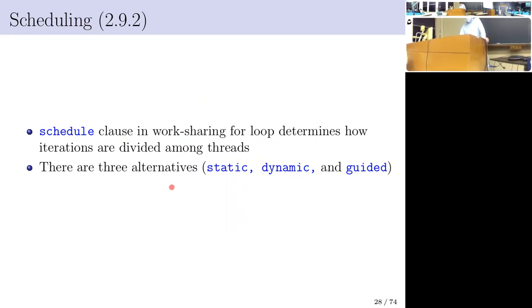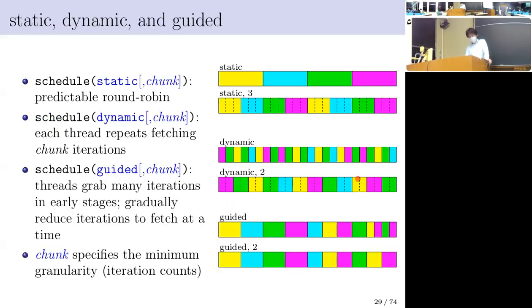Specifically, there are three ways you can say how you want to divide the work among threads: static, dynamic, and guided. Here's a simple illustration. Each of these clauses comes with the line you say OMP for and, say, schedule static.